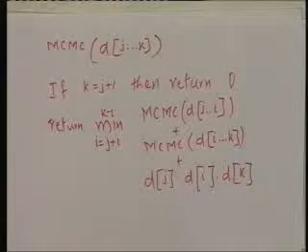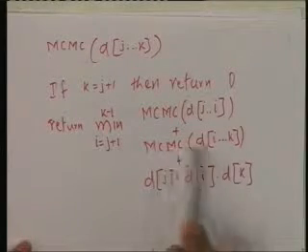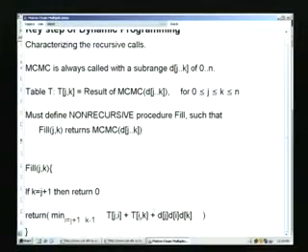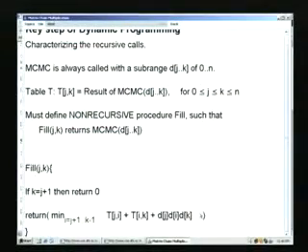So, in fact, instead of MCMC, fill is just going to return T of j i. Instead of MCMC of d i k, fill is just going to return t i k. And then this part is going to be the same as before, and in fact, that is what fill is going to be returning.